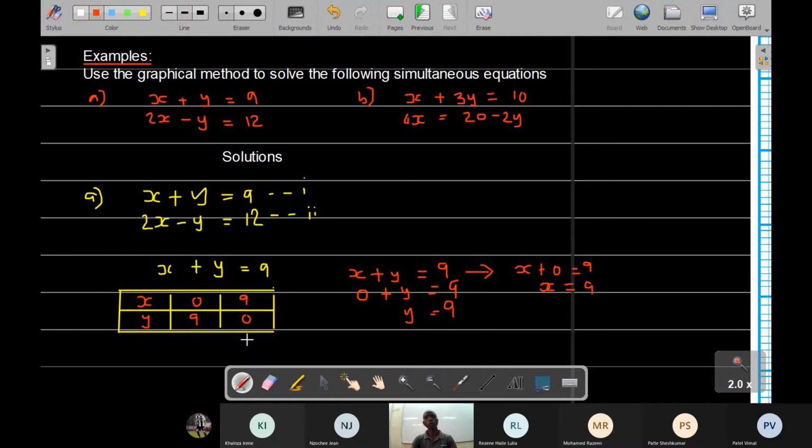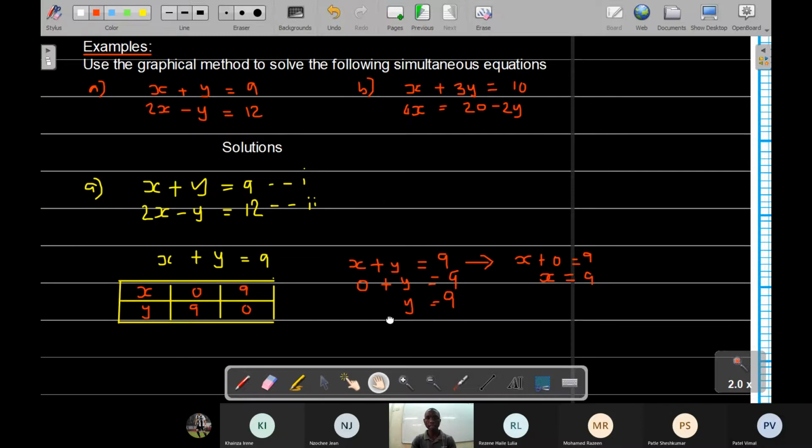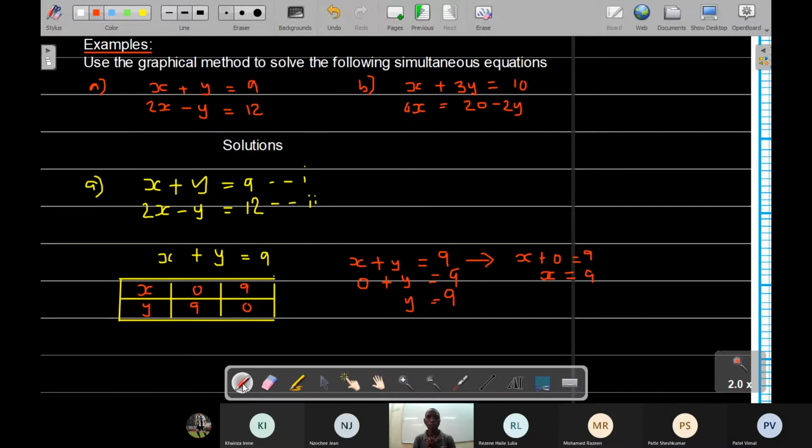Okay, you are free to use any value. You can also say when x is 1, what is y? You substitute in the equation, you get y. Or when y is 3, what is x? You also substitute there, and you get it. They will all be right. So long as we get any two pairs of coordinates, that is enough for that line.